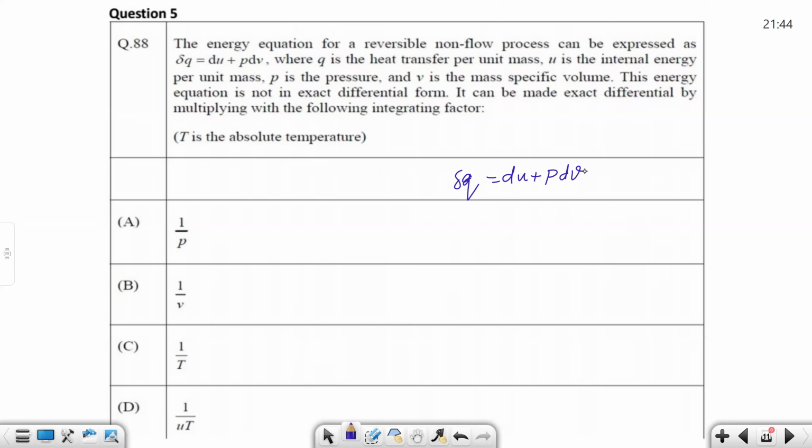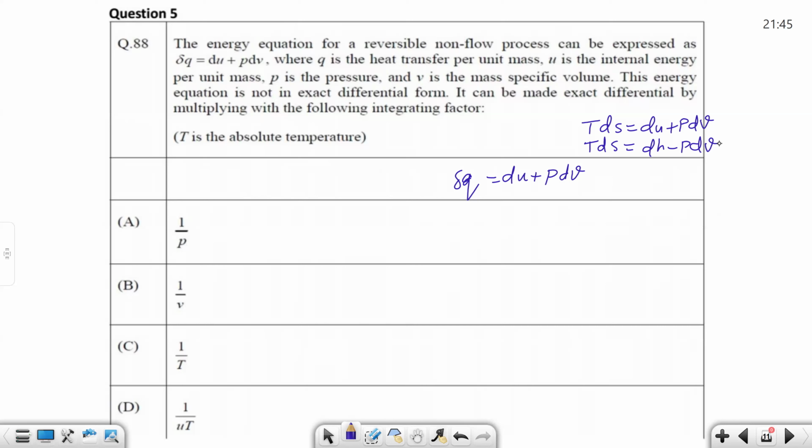If the equation is specified by only properties, for example TdS equal to dU plus PdV, or TdS equal to dH minus VdP, these are all exact differentials because the differential equation is defined by properties, which are point functions, which don't depend on the path, only on the point.